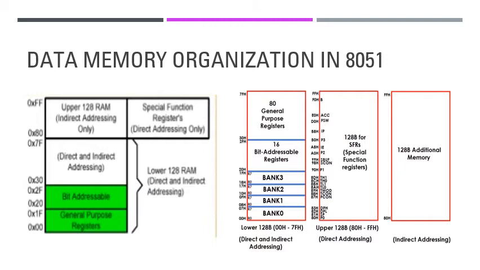The upper 128 bytes starting from 80H to 0FFH is for special function registers, which includes IO ports, port 0, port 1, port 2, port 3, accumulator, timer, interrupts, serial communication controls, program status word. These are addressed using direct addressing.